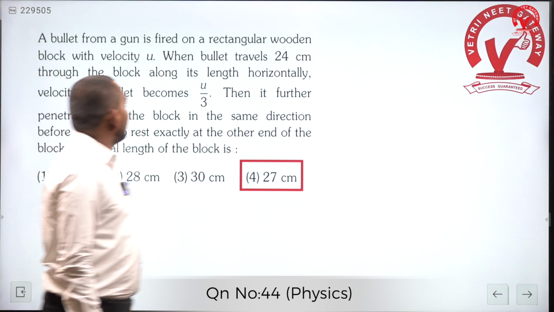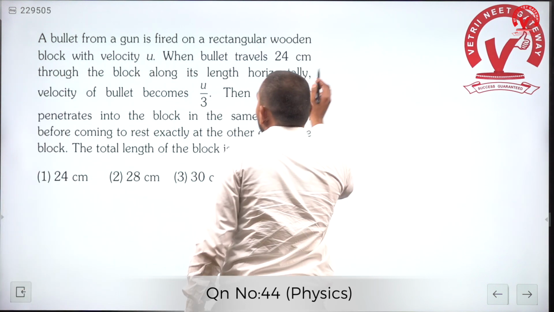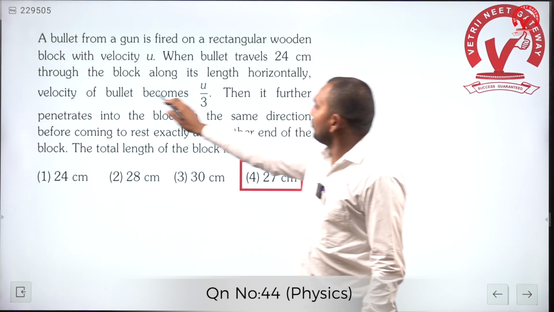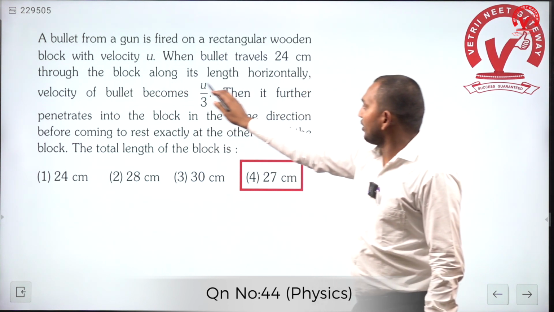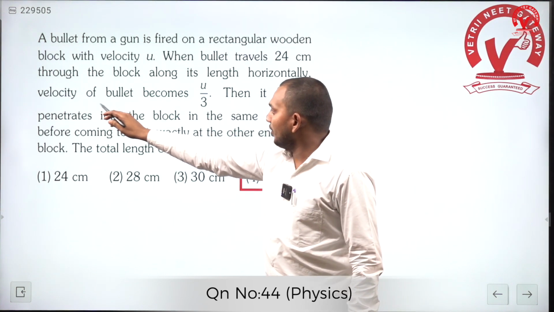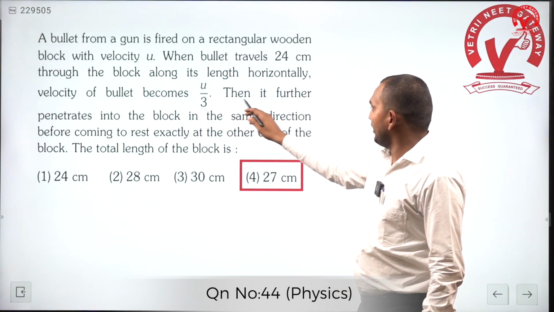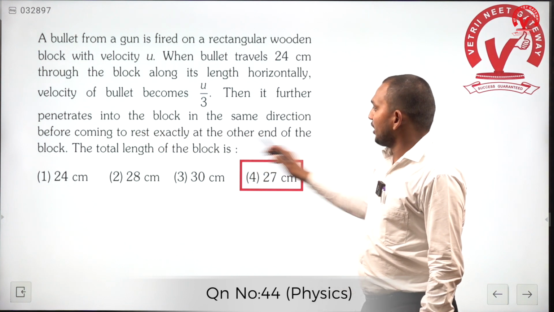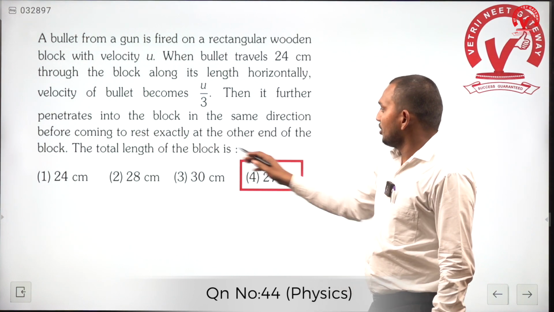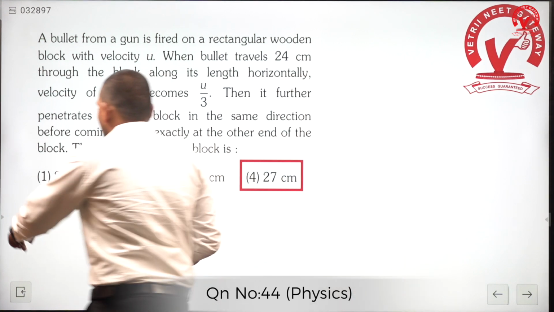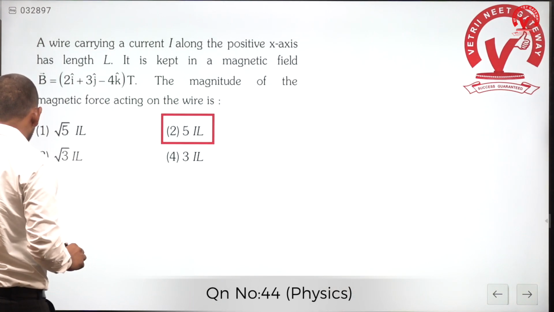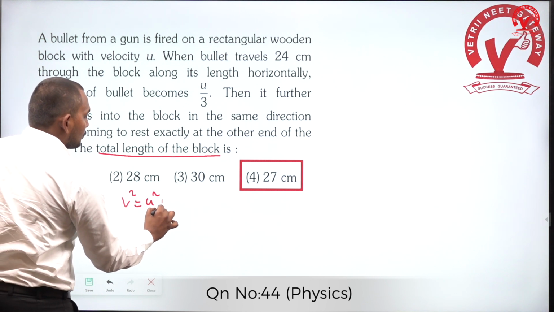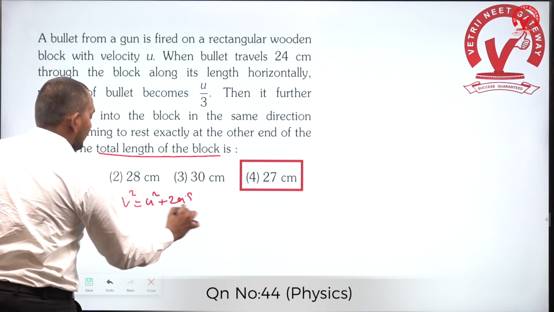A bullet from a gun is fired on a rectangular wooden block with the velocity u. When the bullet travels 24 centimeters through the block along the length horizontally, the velocity of the bullet becomes u by 3. Then it goes further into the block in the same direction before coming to rest. They are asking to find out the total length of the block. So we know the formula, v square is equal to u square plus 2as.